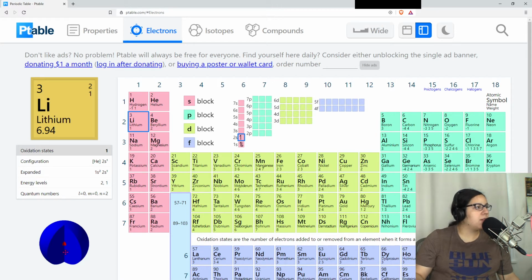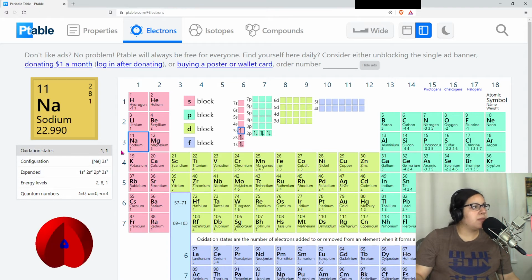Notice that red circle is now in the core, kind of buried, so we're not even looking at the 1s2 anymore. Our valence electrons for lithium are 2s1. Go down to sodium, now it's 3s1. And again, we just keep adding our onion rings.